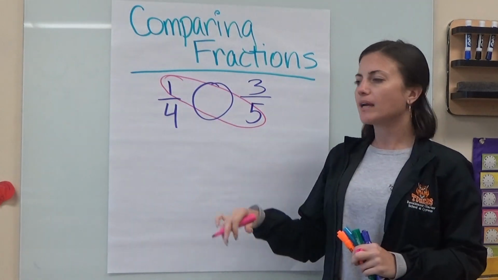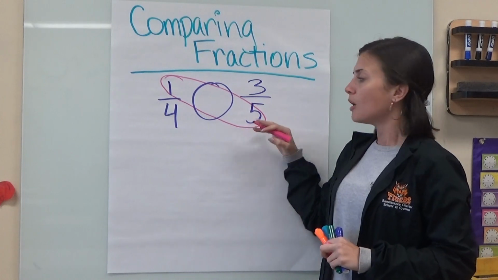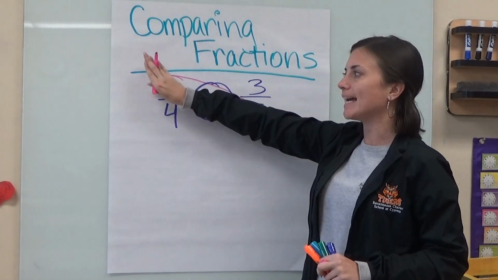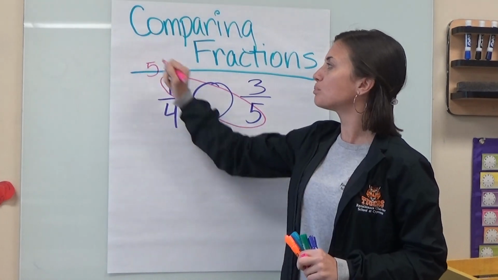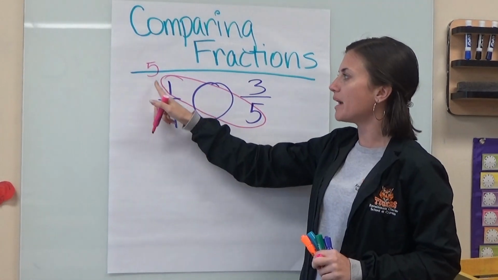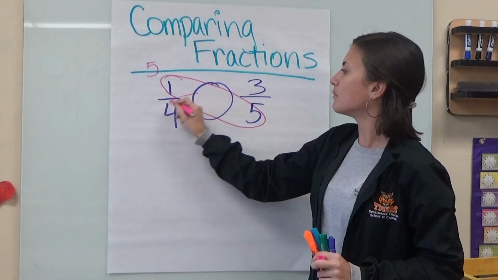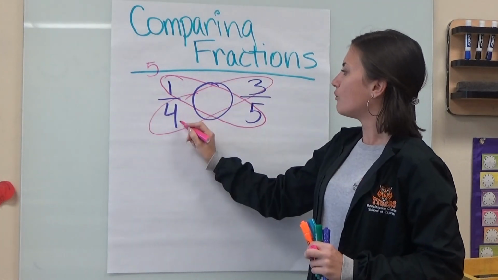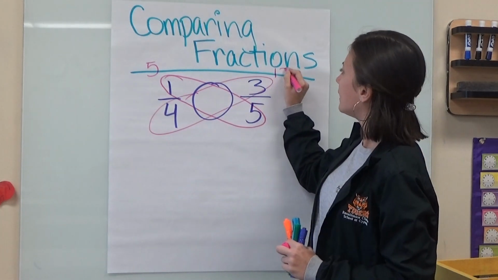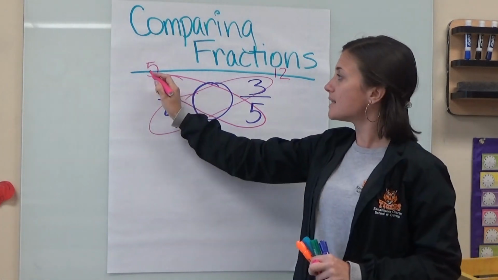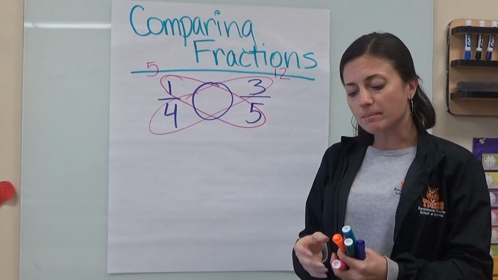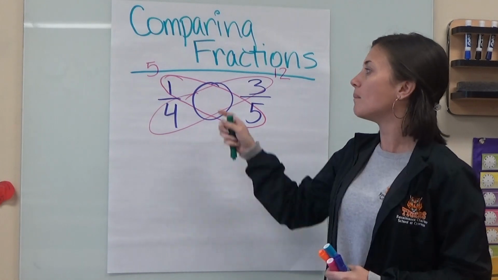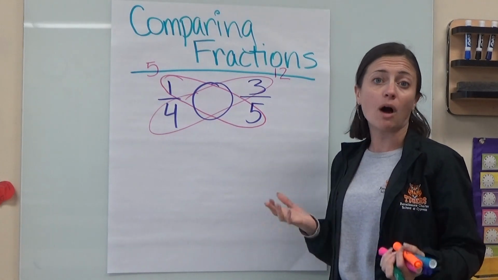When we're cross multiplying, we always start from the bottom, multiply up, and land at the top. So 5 times 1, my cross product, the answer I get when I multiply across, is 5. Then I'm going to do the same on the other side. 4 times 3 is 12. So these now, 5 and 12, are my two cross products. Those are the numbers I'm going to compare to figure out what my final inequality is.